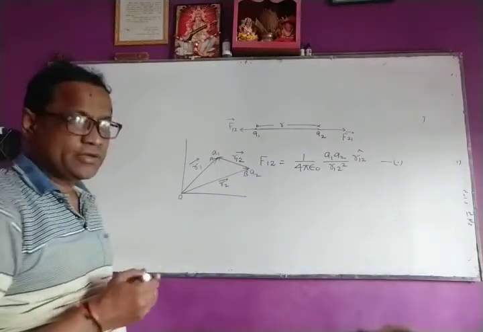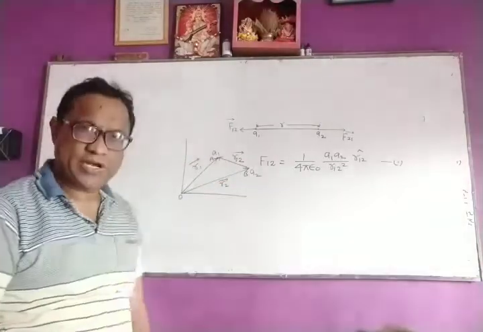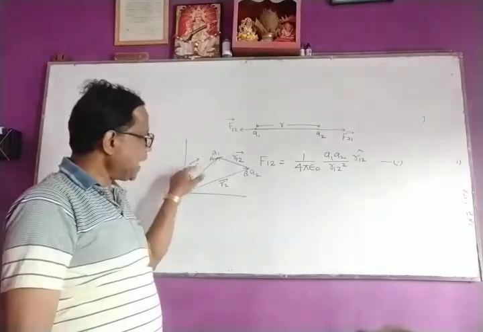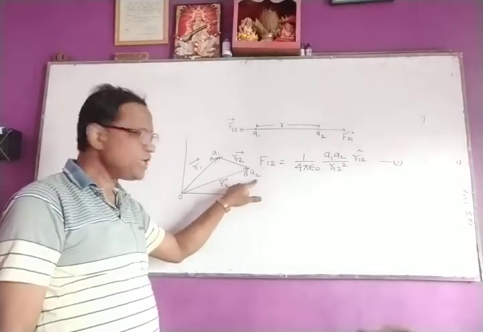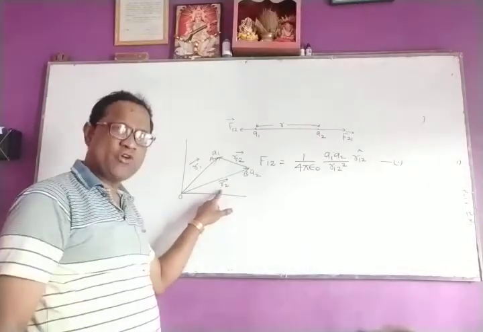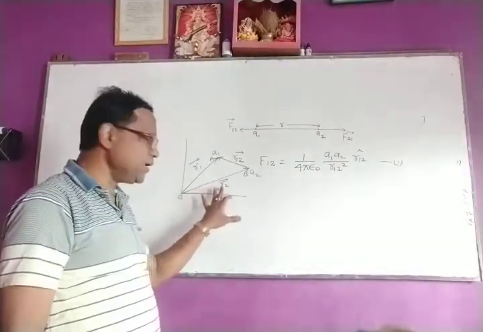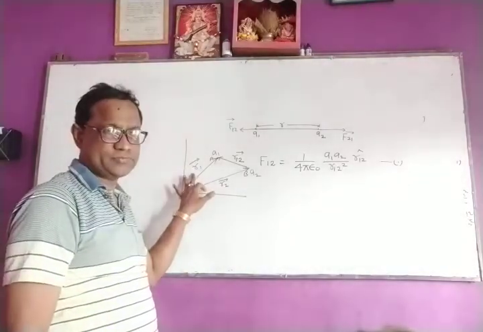In this figure, Q1 is situated at the distance R1 and Q2 is placed at the distance R2 from the origin. So it is represented by R2 vector and R1 vector.